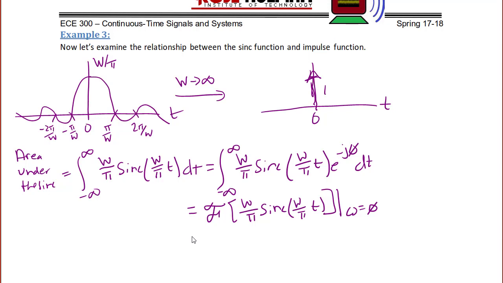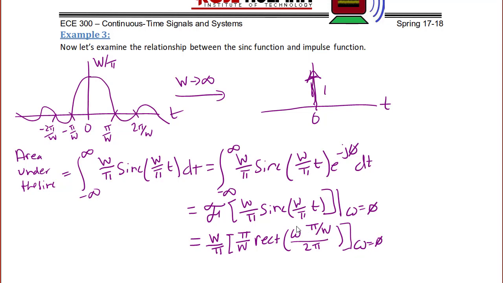So what we get is that the Fourier transform is w over pi times the quantity pi over w rect of omega times pi over w divided by 2 pi. So remember, when you have a sinc, the Fourier transform is a rect, and this is evaluated at omega equal to 0.